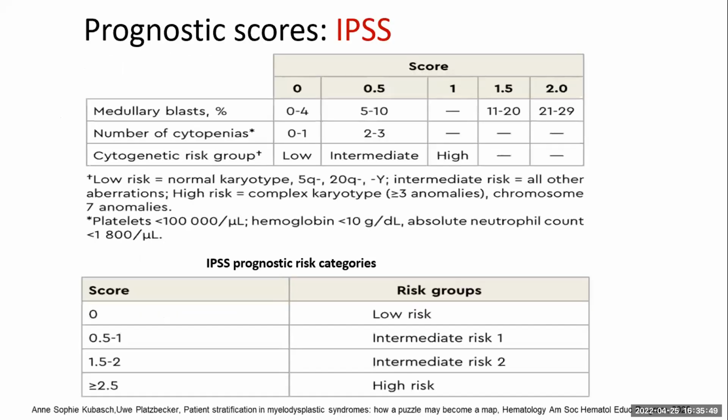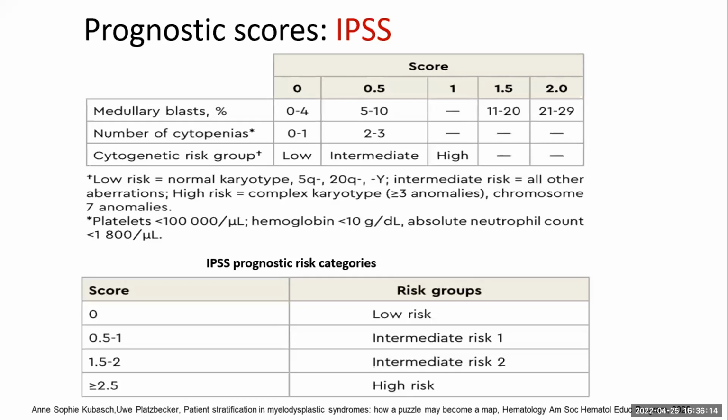When you look at the IPSS, it's based on 3 parameters: your blast count, the number of cytopenias that the patient has, and the cytogenetic risk group. These can have a score of 0 up to 2. Like I said earlier, the diagnosis of MDS depends on a blast count of less than 20.